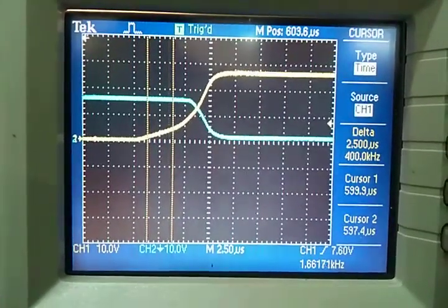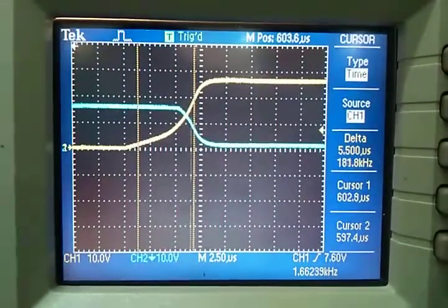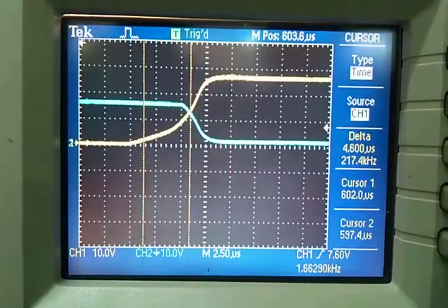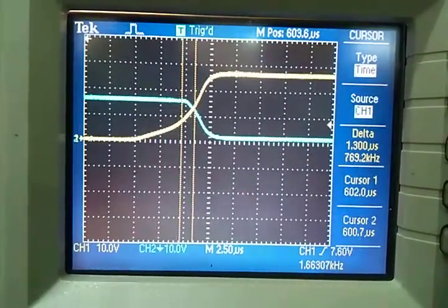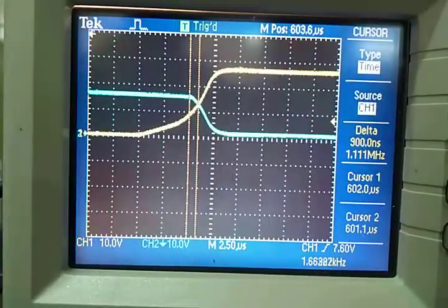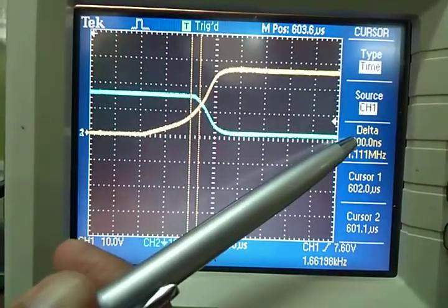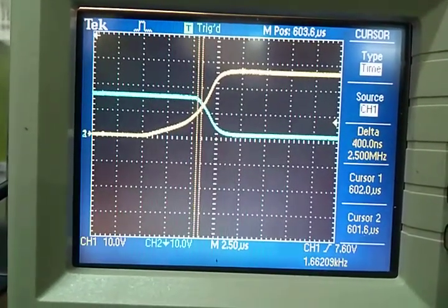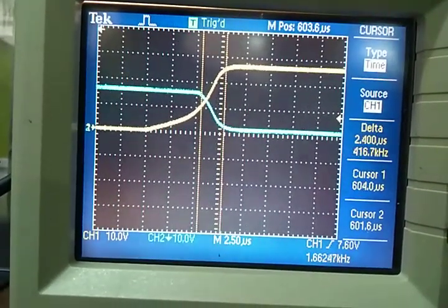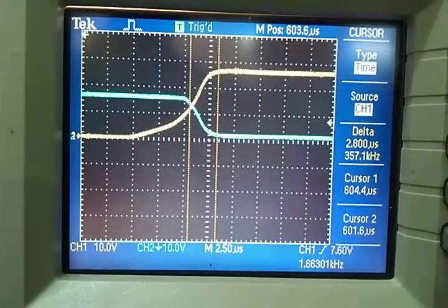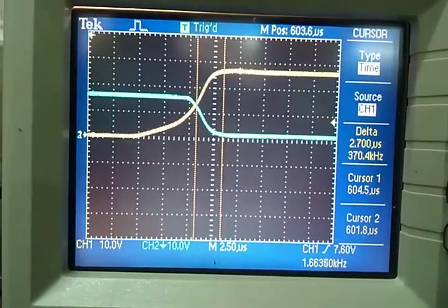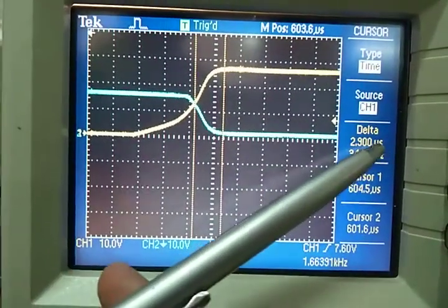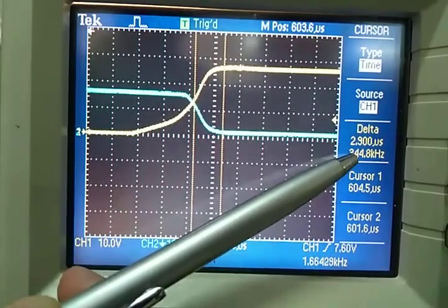You can see that when your current is almost down, near about here, it is a 900 nanosecond delay, and when it attains almost the leakage current value over here, you can see that it is 2.9 microseconds, which is the fall time for the MOSFET.